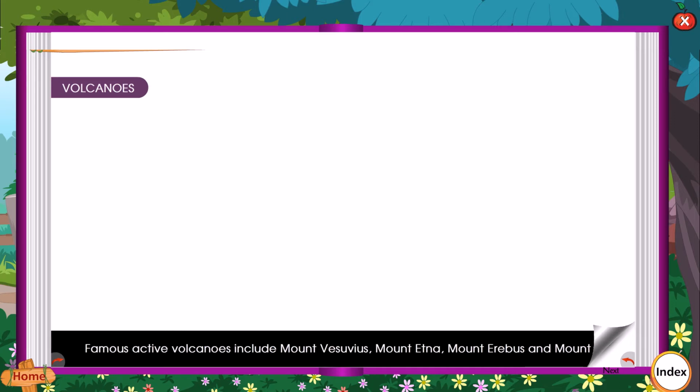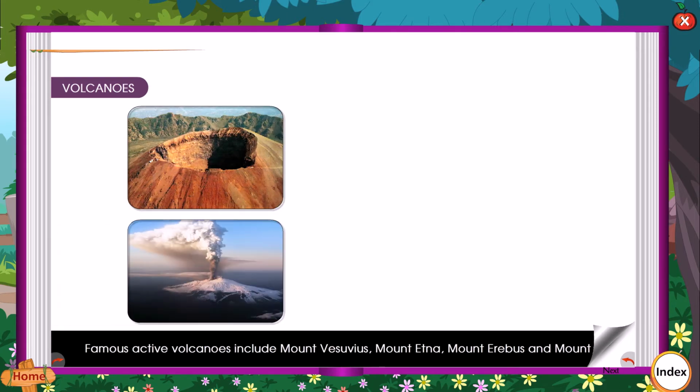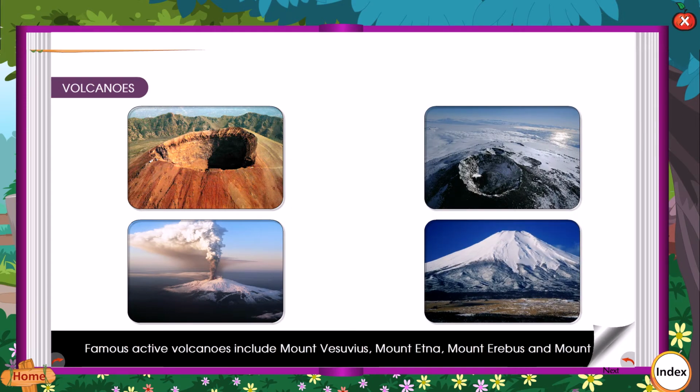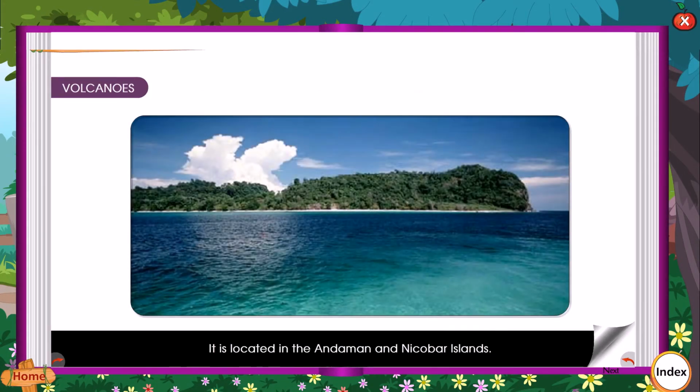Famous active volcanoes include Mount Vesuvius, Mount Etna, Mount Erebus, and Mount Fuji. The Barren Island is the only active volcano in the Indian subcontinent. It is located in the Andaman and Nicobar Islands.